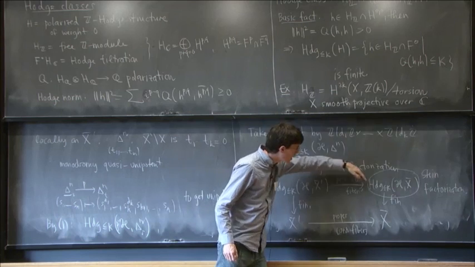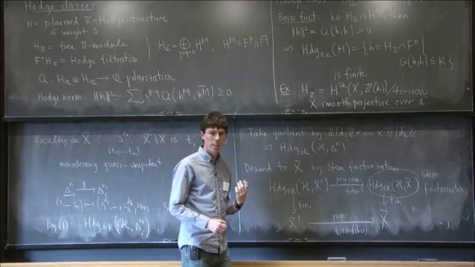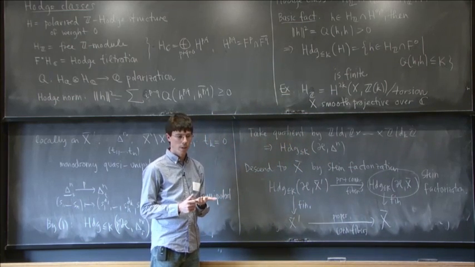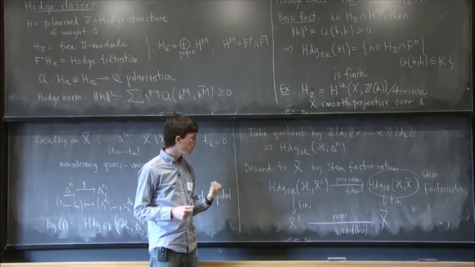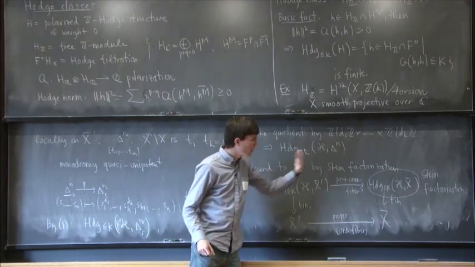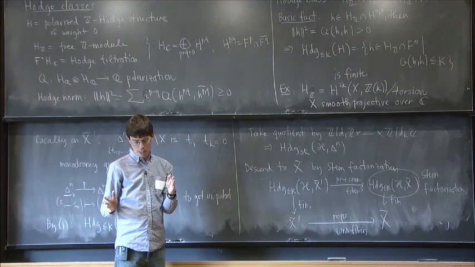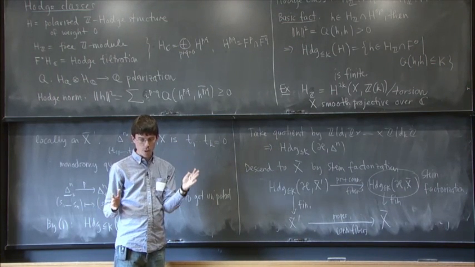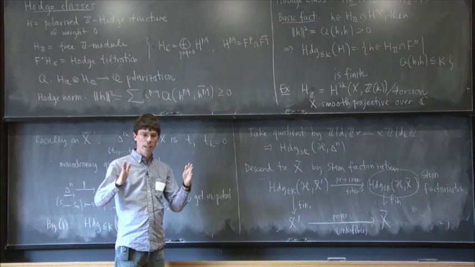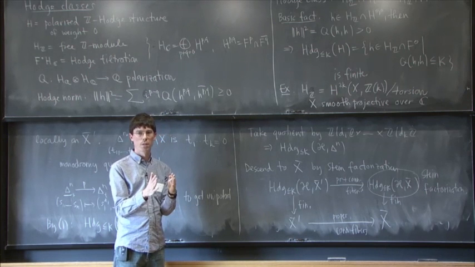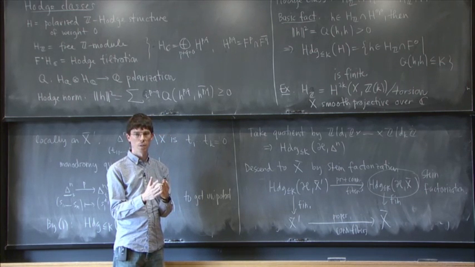And when I take the Stein factorization, I still get limit Hodge classes, but now up to some bigger equivalence relation. And since the fibers here are connected, the equivalence relation will be something like: if I have one limit Hodge class and another limit Hodge class, if I can connect them by a holomorphic family, they'll become equivalent. Right?